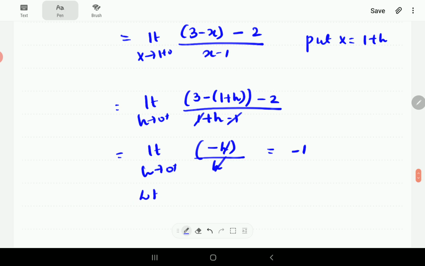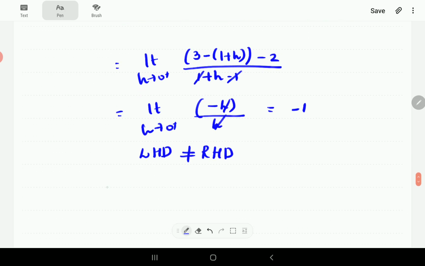Therefore LHD is not equal to RHD. So hence the given function is not derivable. Therefore f of x is not derivable at x equal to 1. So it is continuous at x equal to 1, but it is not derivable at x equal to 1.